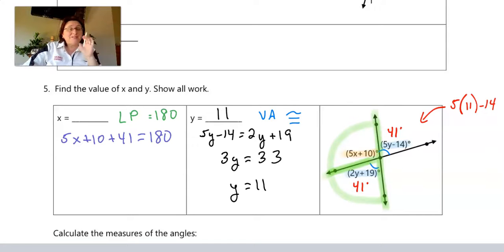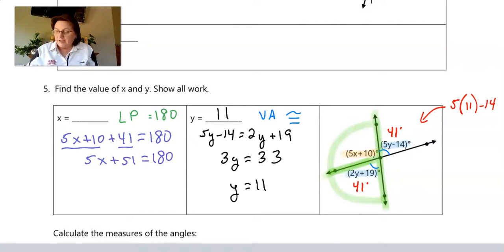Okay, let's see how you did. Did you set it up correctly? If they're linear pairs, they add up to 180. So this angle plus this angle add up to 180. Once we combine like terms, we have 5x plus 51 equals 180. We subtract 51 from both sides, so we have 5x equals 129.